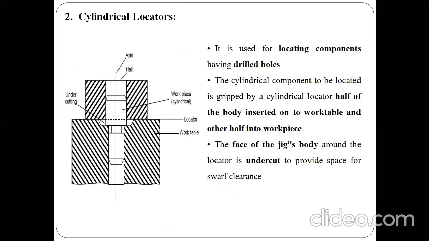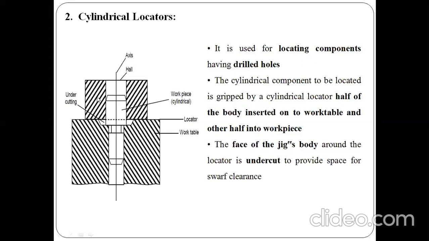Cylindrical locators, according to the name, you can identify which kind of workpiece the cylindrical locator is used for. Now see this figure. The lower hatch portion represents your work table, and this central portion is your locator pin, and this is the axis of your locator pin, and the upper hatch portion represents your workpiece.